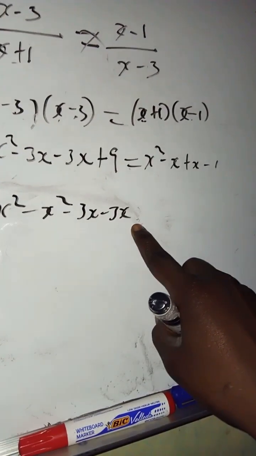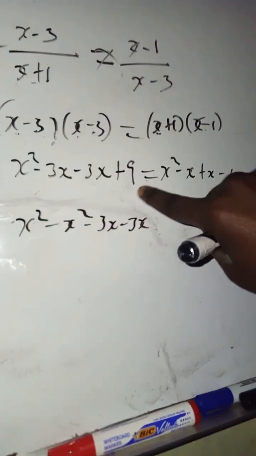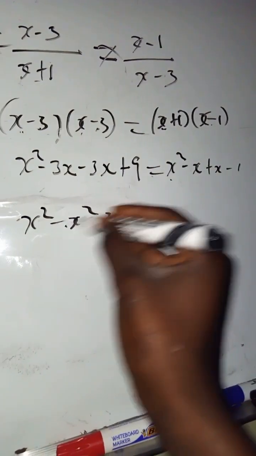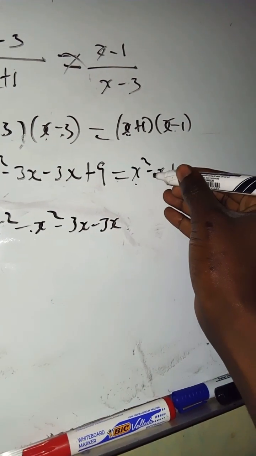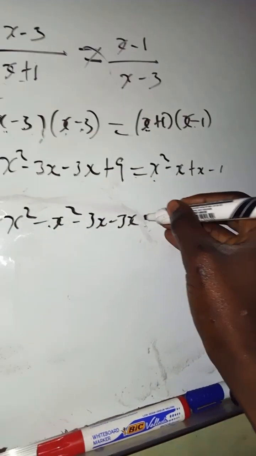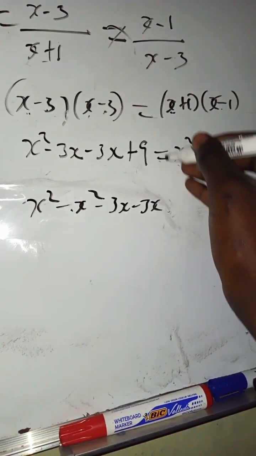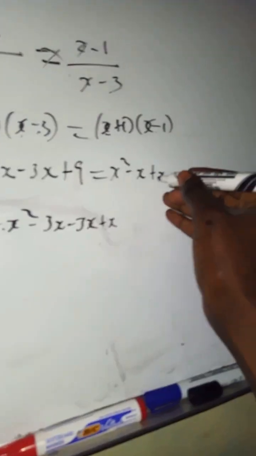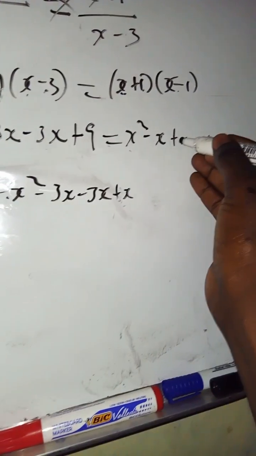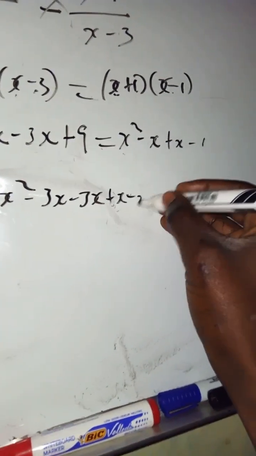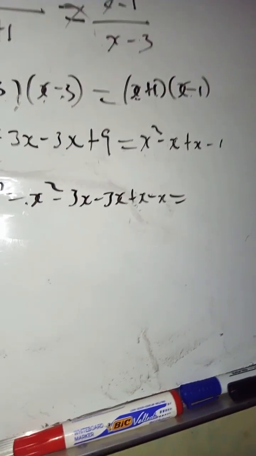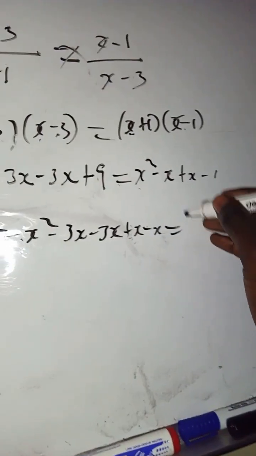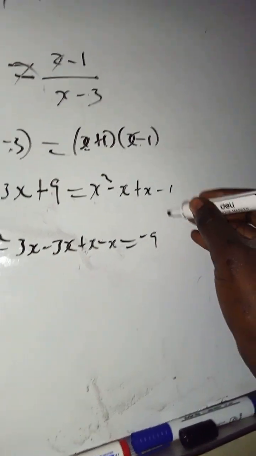So let's bring the letters here, then the numbers to the other side. This is already here. Then this, coming from this side, crosses the equal sign to go from negative to positive x. And equally this crosses the equal sign to be negative x, since it's positive here. Then the 9 will come here, from being positive to negative 9, then you have negative 1 there.